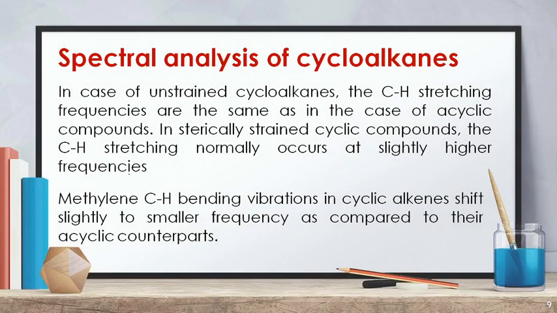Now let me show you the analysis. In case of unstrained cycloalkanes, the CH stretching frequencies are the same. Unstrained means there is no strain. So unstrained cycloalkanes will have the stretching frequency the same as in the case of acyclic compounds. If sterically strained cyclic compounds are present, the CH stretching frequency will normally occur at slightly higher frequencies.